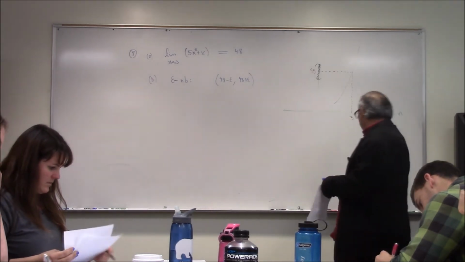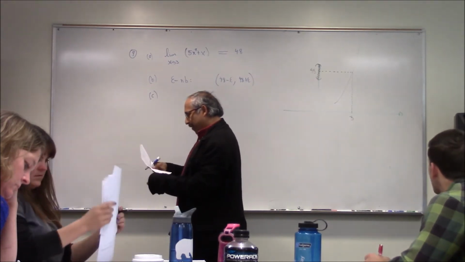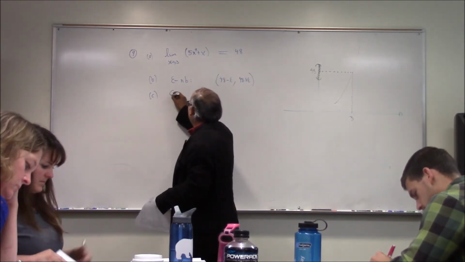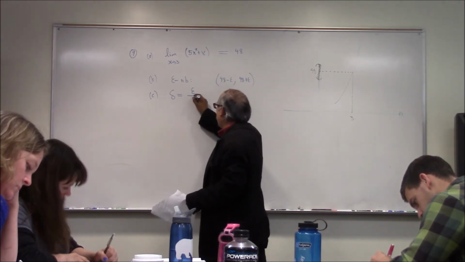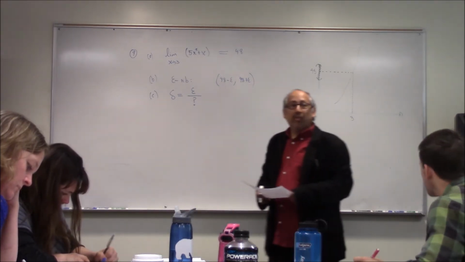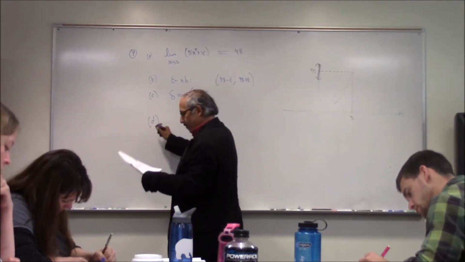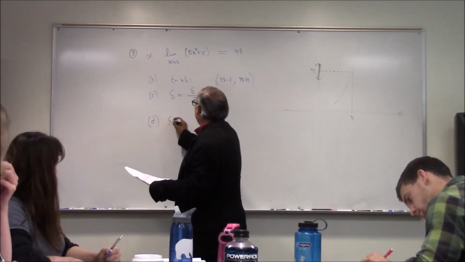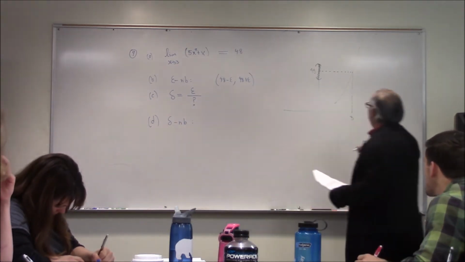Now find part C. Find delta. Delta equals epsilon divided by question mark. We'll come back to it. Part D: now let's build the delta neighborhood.